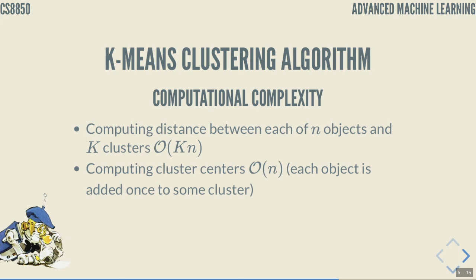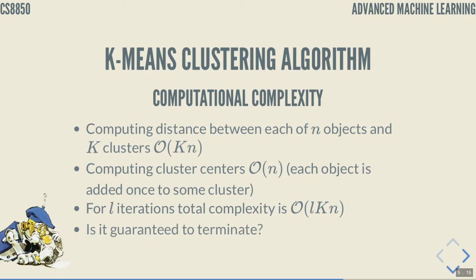So just averaging each object. Each object belongs to at least some cluster, so it gets added once. That's why the complexity of this iteration is of order n. And then for L iterations, since our distance complexity is larger, the total complexity is L times K times N.